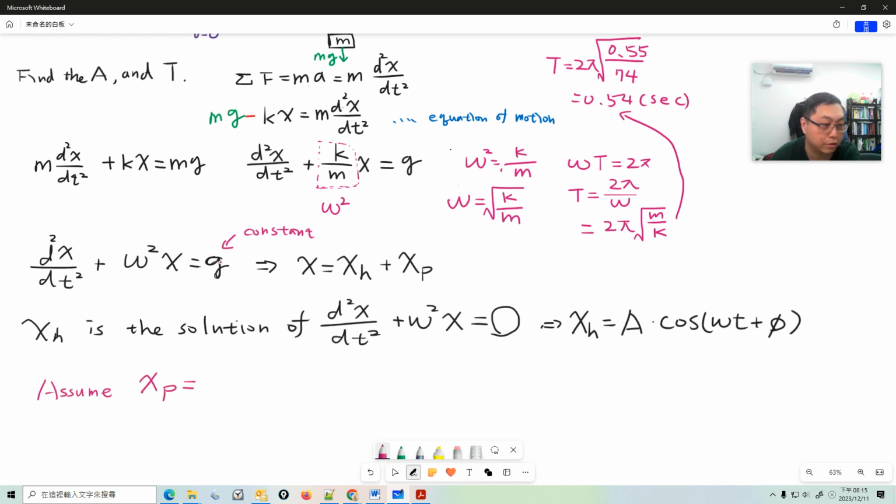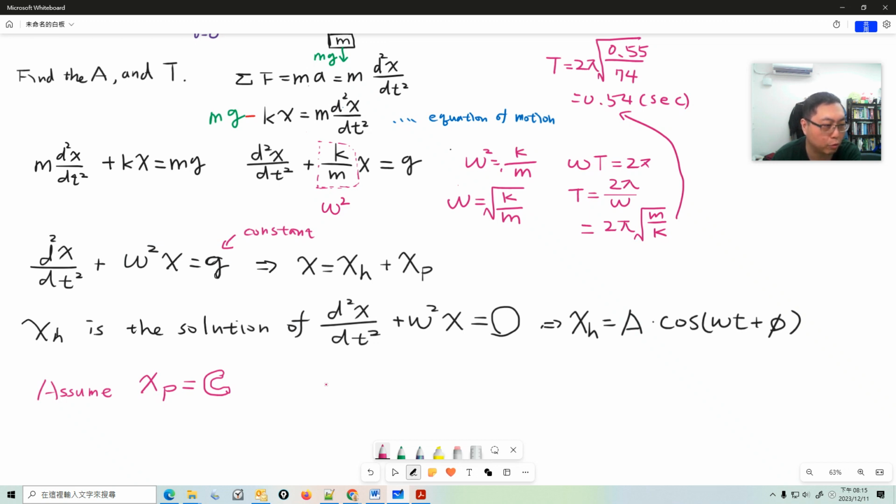Let's call it constant C. If the right hand side is a power one function, you assume a power one polynomial. If it's a power two function, assume xp is a power two polynomial. If it's power three, assume a power three polynomial. But that's engineering mathematics, and I think right now you don't understand. So let's assume the particular solution is a constant.